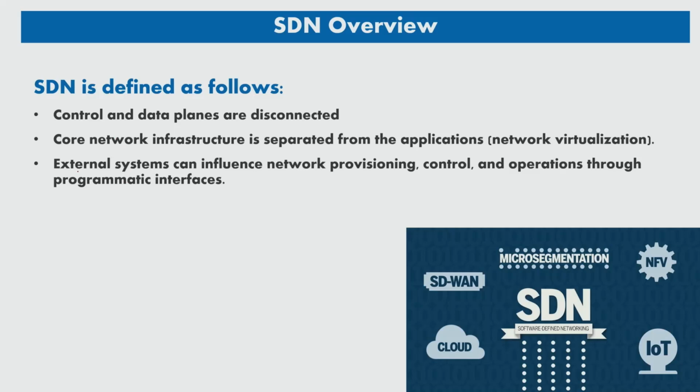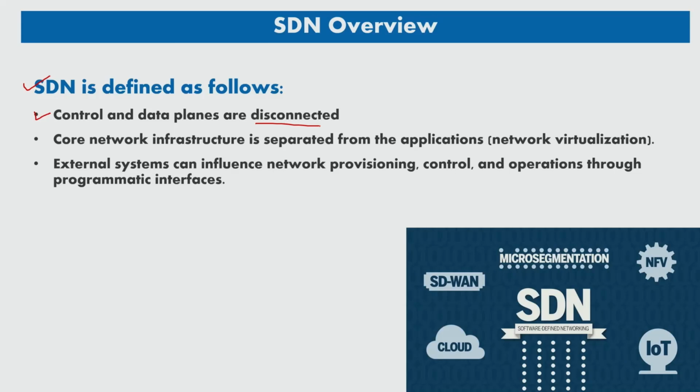SDN separates the control and forwarding planes, allowing you to design, create, and manage networks. As a result, the control plane may be directly programmed and hides the underlying infrastructure from applications and network services. SDN is defined as follows, right? So control and data planes are disconnected, so take note of that.